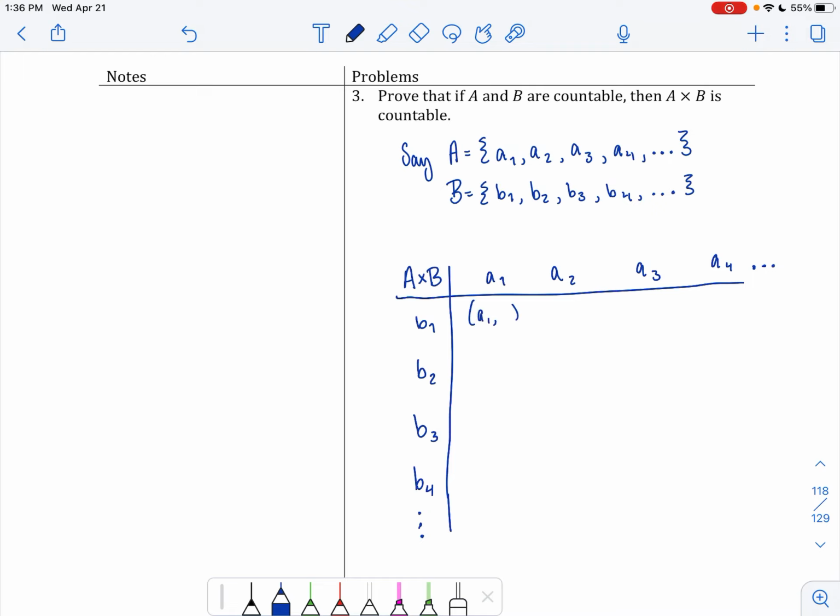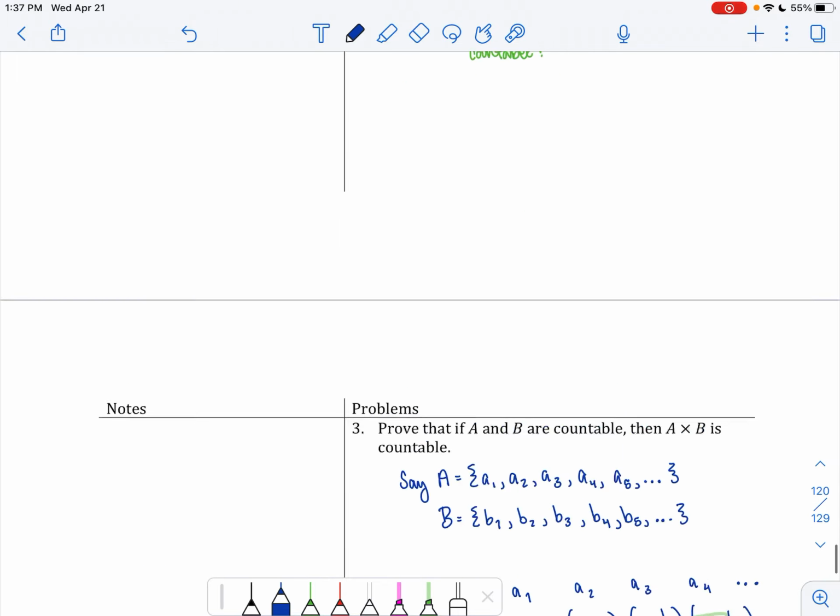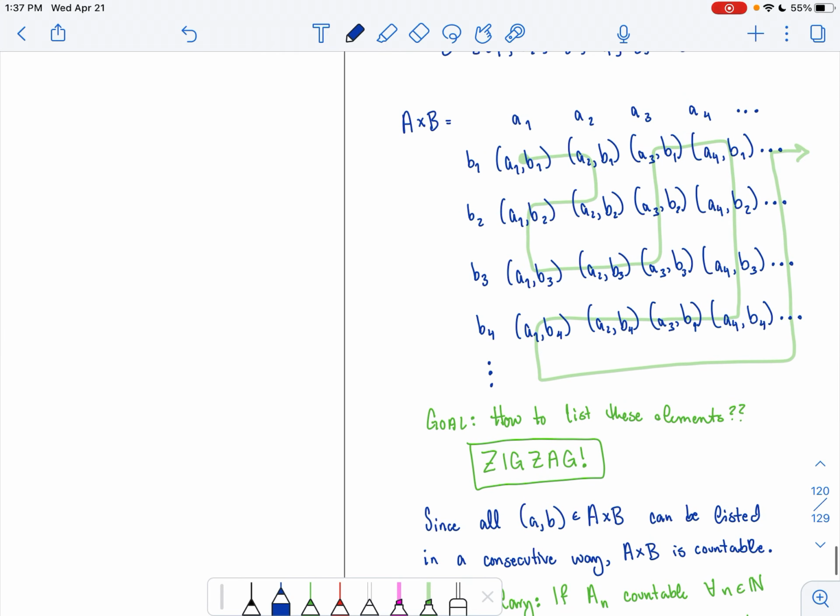So A1, B1, A2, B1, A3, B1, A4, B1. I'm going to copy and paste the rest of these from the finished notes. Please pause the video and fill them in on your own. So these are the finished ones that you have access to.